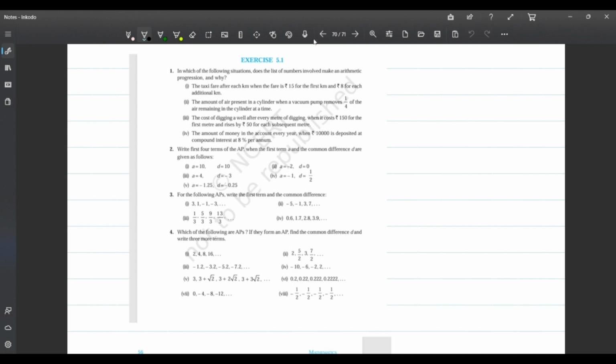Now move to the fourth part. The amount of money in an account every year when 10,000 is deposited at compound interest at 8% per annum. So the principal value is 10,000 and the interest rate is 8% per annum.